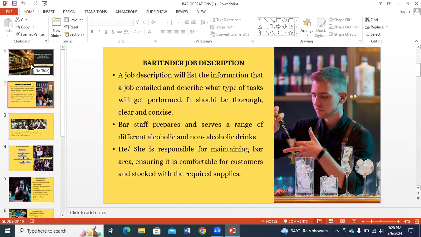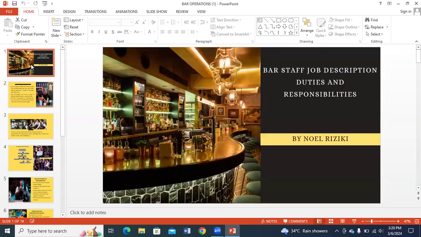Yes. Okay. So as I said, our session is bar staff job description and their duties and responsibilities as given out in the job description. First of all, we need to understand what a job description is. A job description outlines what is expected of an employee and helps define the necessary skills for their job.